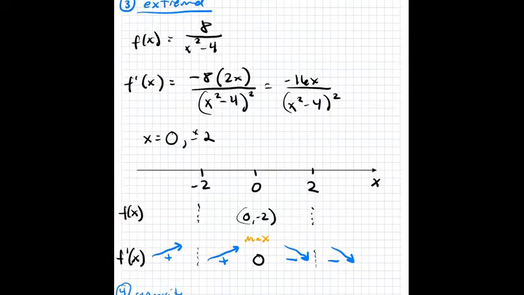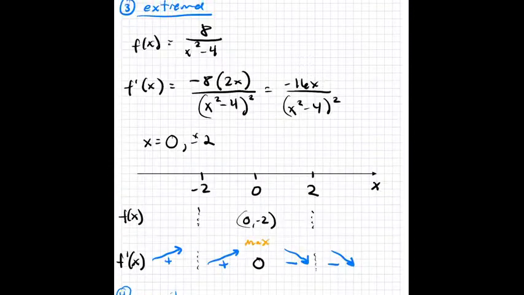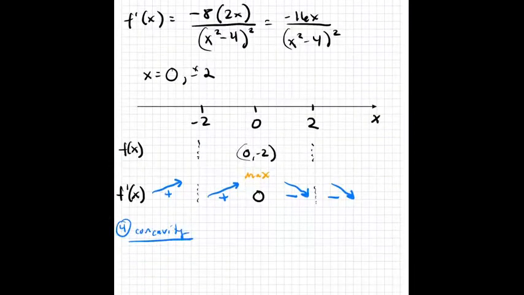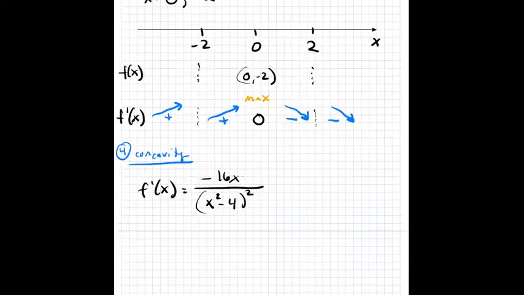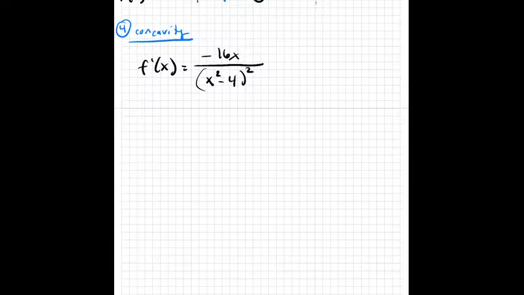Second derivative. So if f prime, on bottom we had this x squared minus 4 squared. On top we had negative 16x. So now I want to consider f double prime. Okay. So I'm just going to do my Lodi high again.